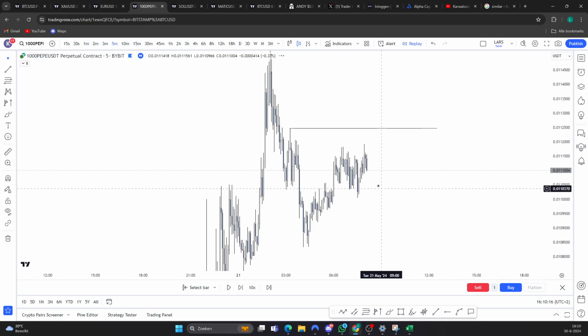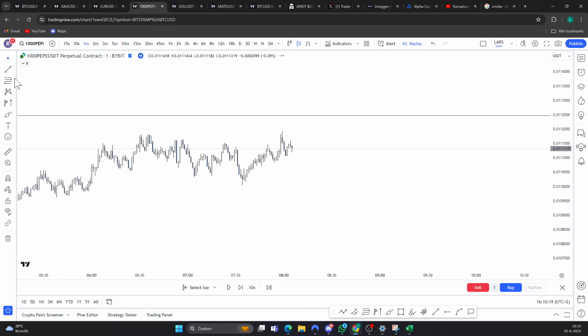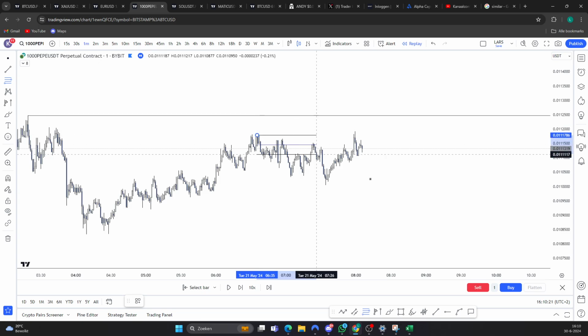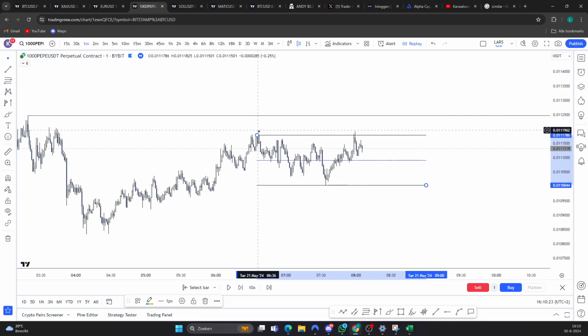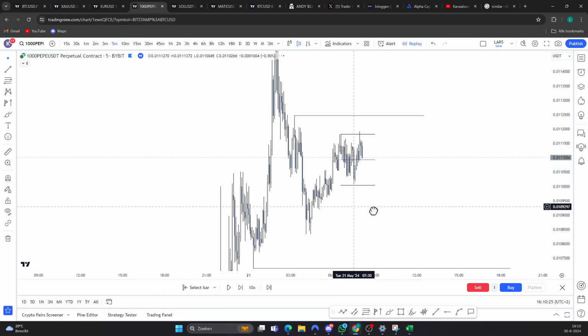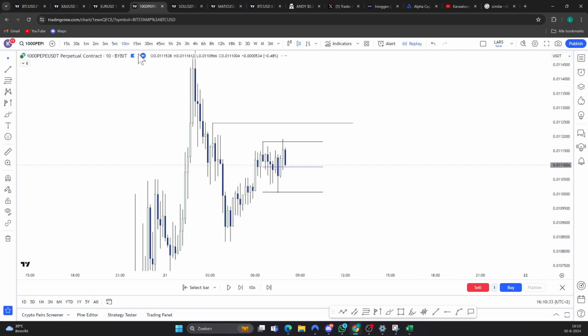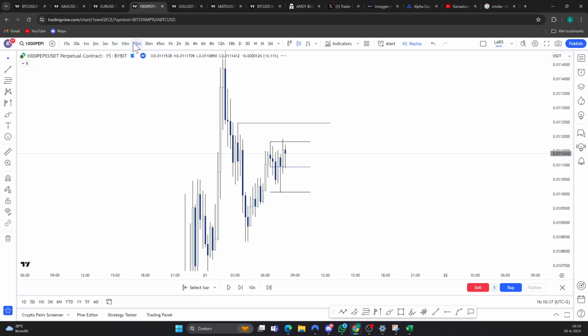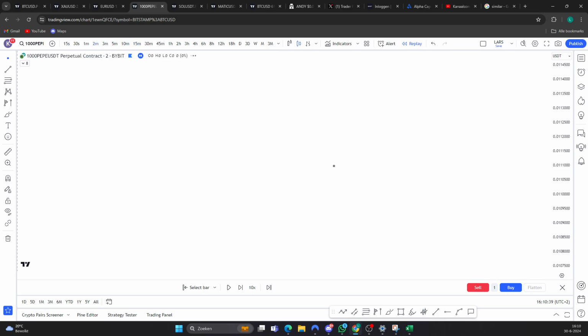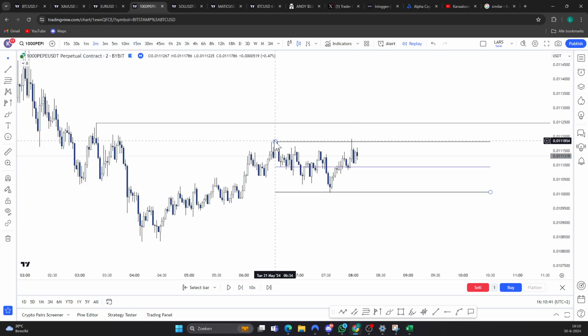I like this kind of range that we're creating here. Yeah, I'm gonna call it like a 5-minute range. Even a 10. It's even the 10-minute range. Yeah, I'm liking this little range.